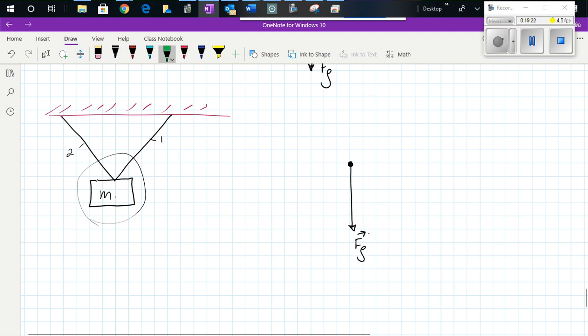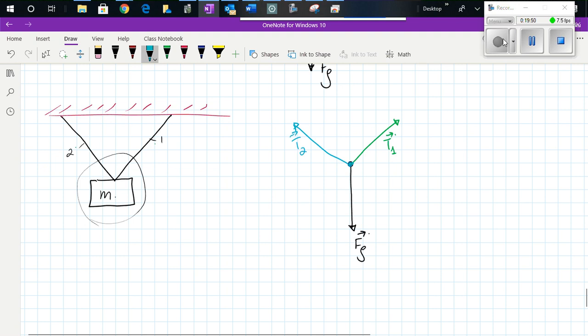And then we have two strings, string 1 and string 2. Therefore, those will be replaced in the free body diagram with two tensions. Tension 1 starts from the object and goes along string 1, and tension 2 starts from the object and goes along string 2.